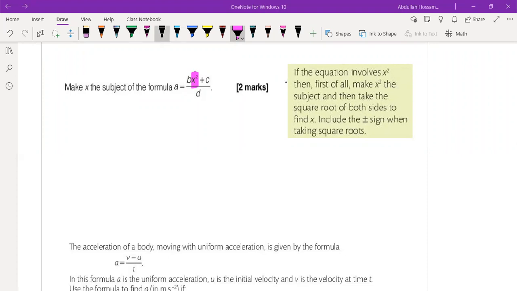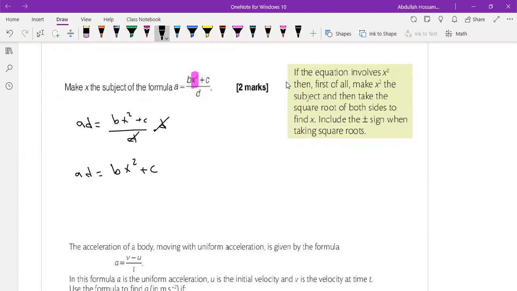So a multiply d equals bx squared plus c over d, multiply by d also. So you have here ad equals bx squared plus c.